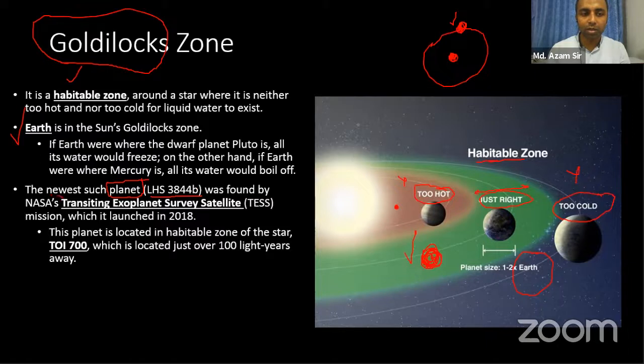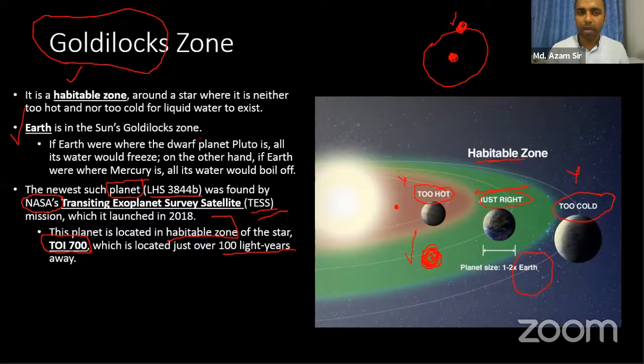It was discovered by NASA's satellite known as TESS. Factual information you can remember. It was realized that this planet is located in the Goldilocks zone, or habitable zone, of the star TOI 700, which is at a distance of 100 light years from the Earth.